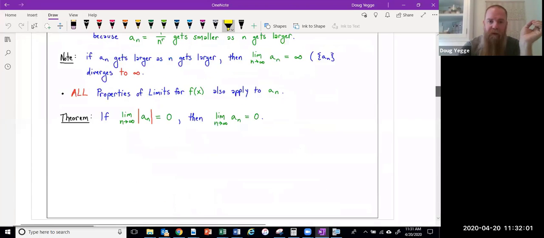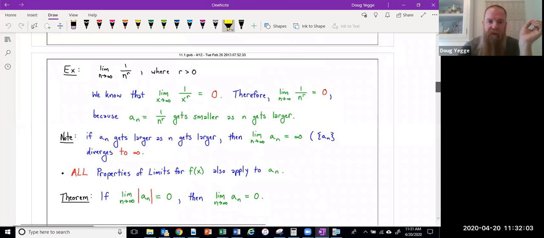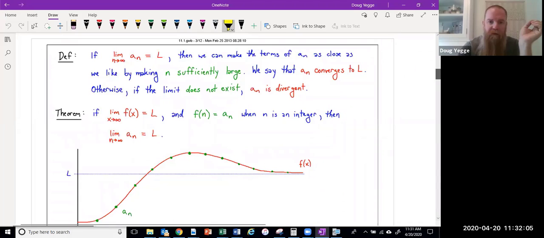If the limit as x approaches infinity of the function goes to L, and f of n is equal to some sequence a sub n, then that tells me that the sequence will also go to L. And hopefully you recognize that that's obvious.